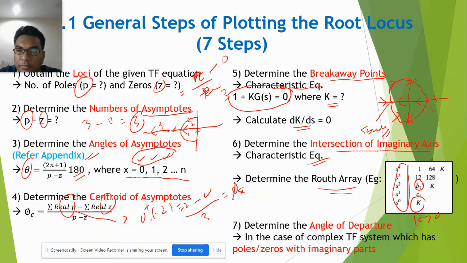I will not go into detail on this because at this level we are going to determine the values of the transfer function with non-imaginary parts only, for the manual plotting. But later on using MATLAB, maybe you can use it easily. For sketch plotting, it's quite difficult.